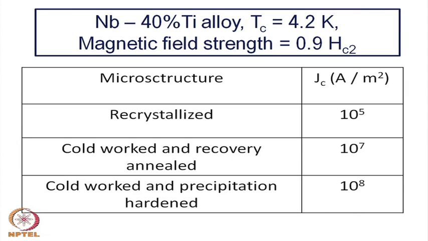This is quite interesting. In addition to the intrinsic property of the material, one can modify the property to a large extent just by changing the dislocation density or the density of the precipitates. This is a very interesting phenomenon so far as the low temperature superconductors are concerned.